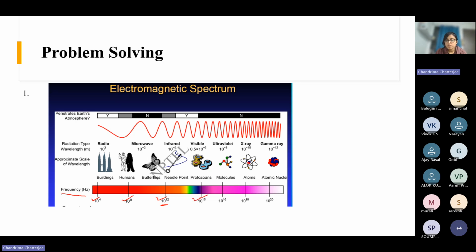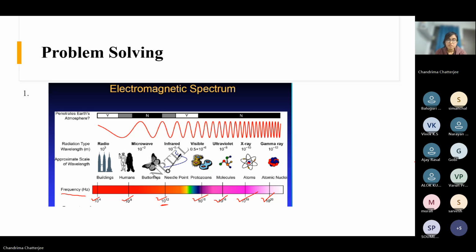Then we have the visible light, then UV, X-ray, and at last gamma rays, which basically emit from nuclear fission or fusion reactions. Some are from natural sources and some are from human interference, like the nuclear projects.